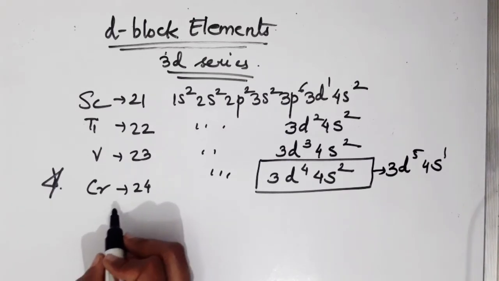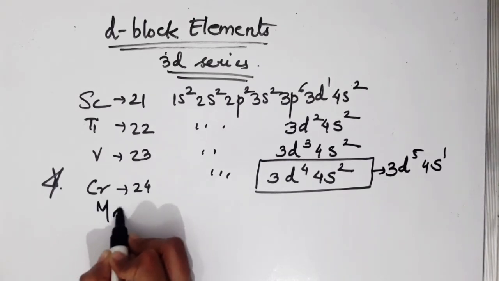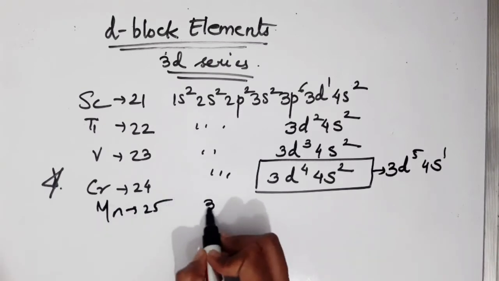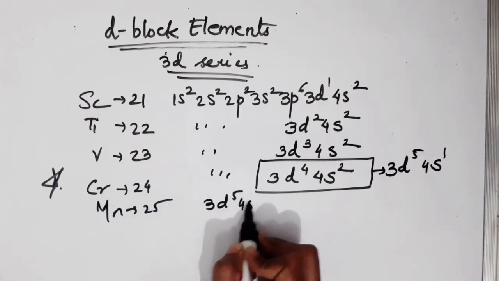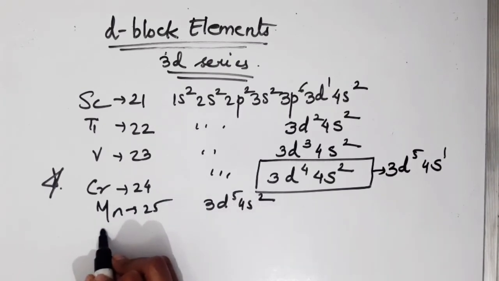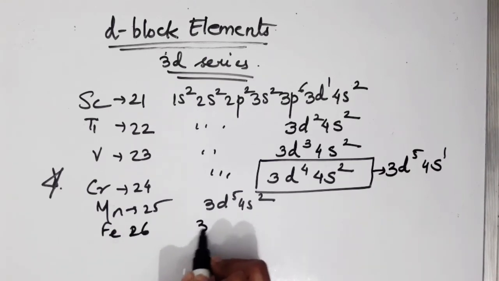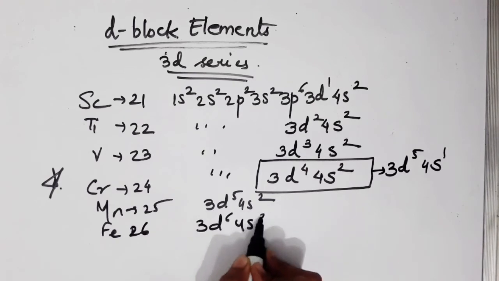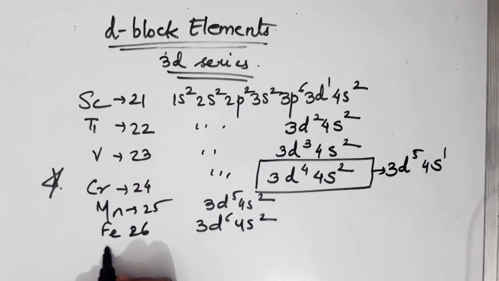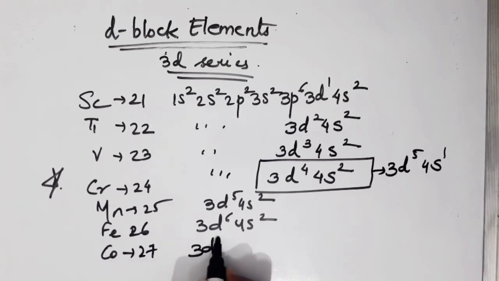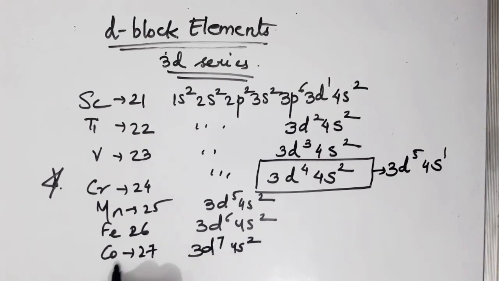After chromium you have manganese 25 with 3d5 4s2. Then after manganese you have iron 26, 3d6 4s2. Then you have cobalt 27, 3d7 4s2. After cobalt you have nickel 28, 3d8 4s2.